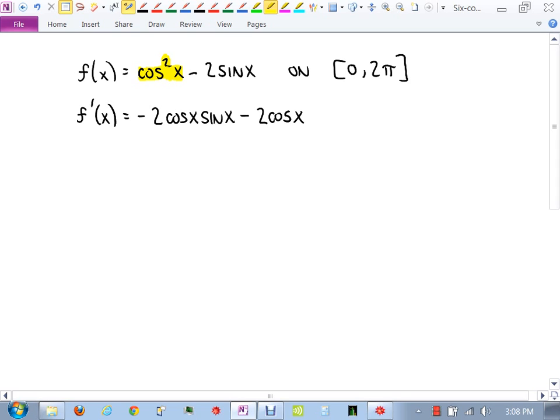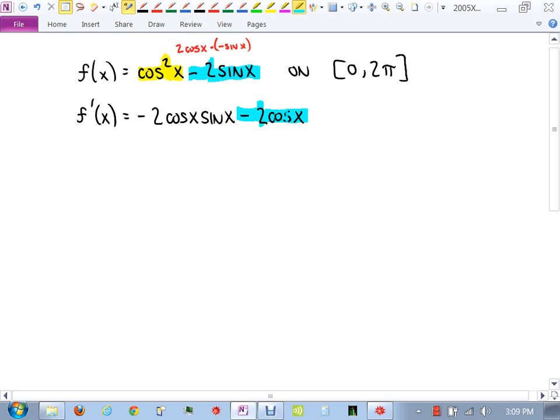What's the derivative of something squared? 2 times that something times the derivative of something, which was negative sine x. So the derivative of the yellow is the red, right? And then I just move the negative out front. And then the derivative of negative 2 sine x is negative 2 cosine x. So any questions on that?